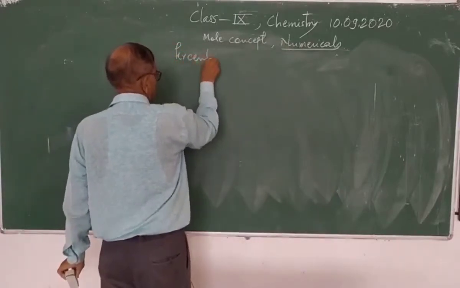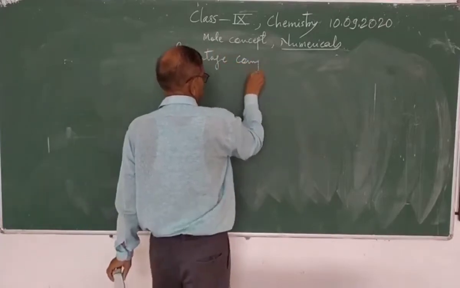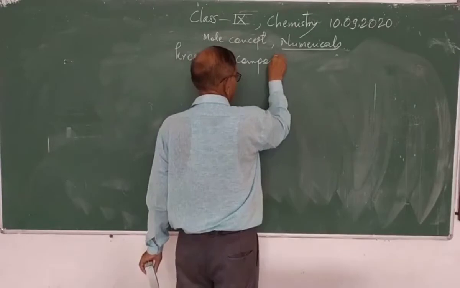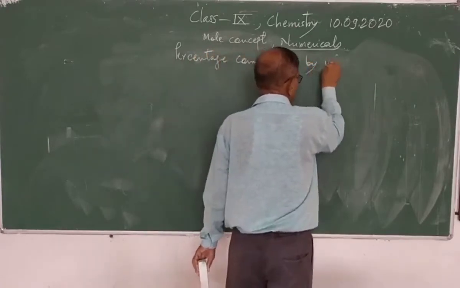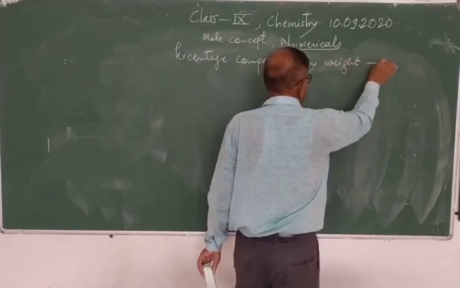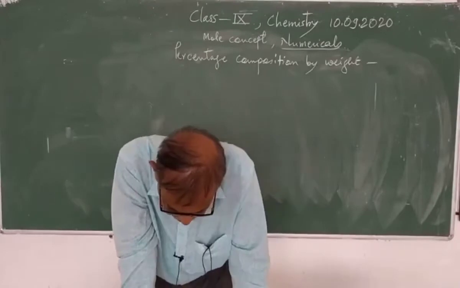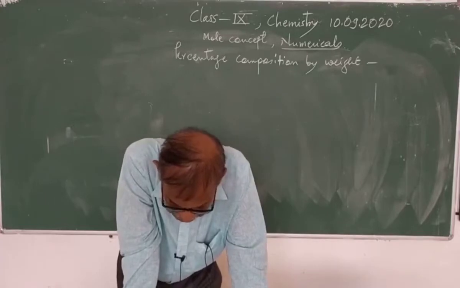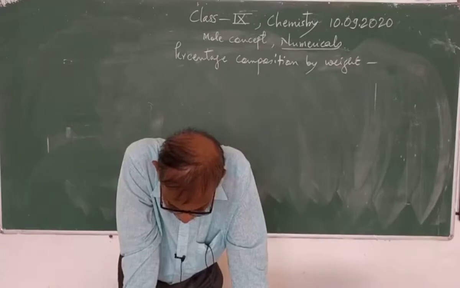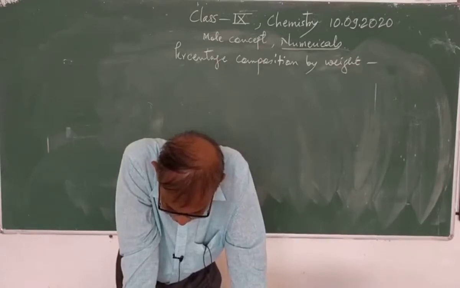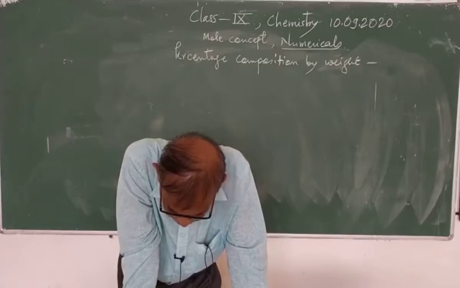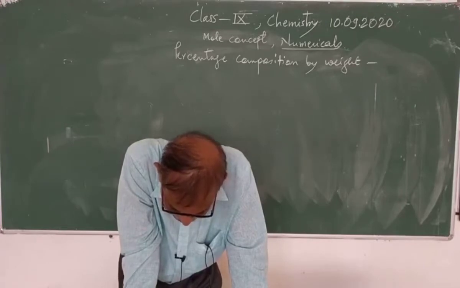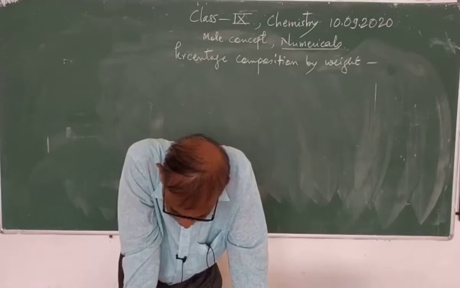See, open your book, page number 43. A 0.24 gram sample of a compound of oxygen and boron was found by analysis to contain 0.096 gram of boron and 0.144 gram of oxygen. Calculate the percentage composition of the compound by weight.